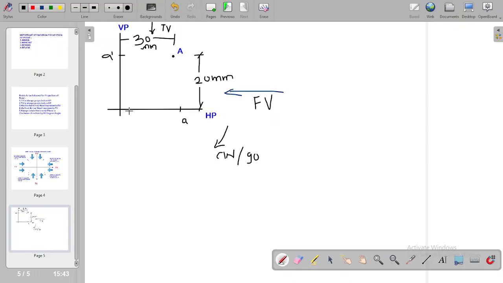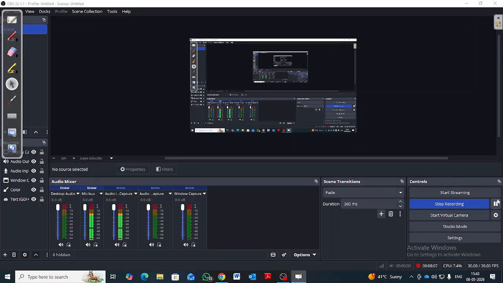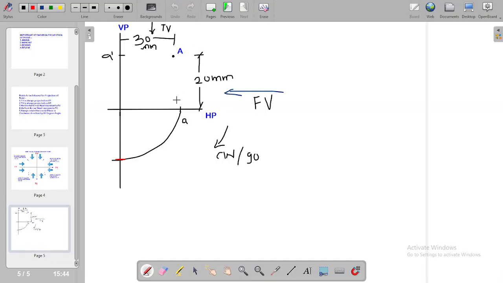So this horizontal plane will become vertical, because we are rotating in clockwise direction by 90 degrees. This 30 mm distance will be projected on the vertical line.